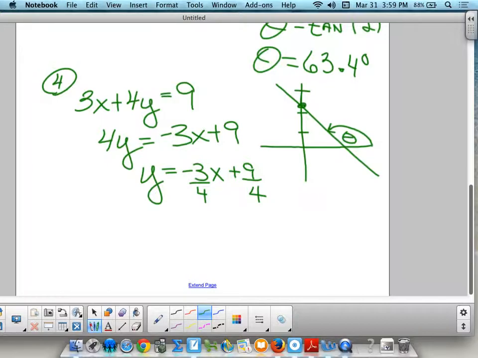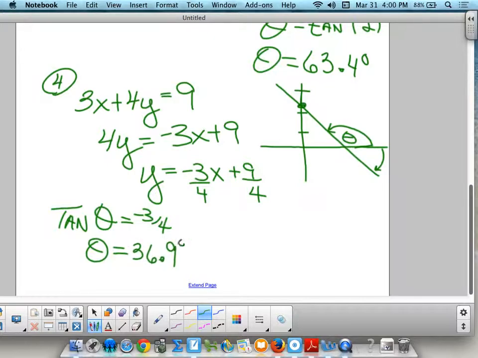This time it's obtuse. Obtuse is going to create problems for you because your calculator is actually going to give you the 4th quadrant answer. So if you did tangent of theta equals negative 3/4, you will get theta to be 36.9 degrees.